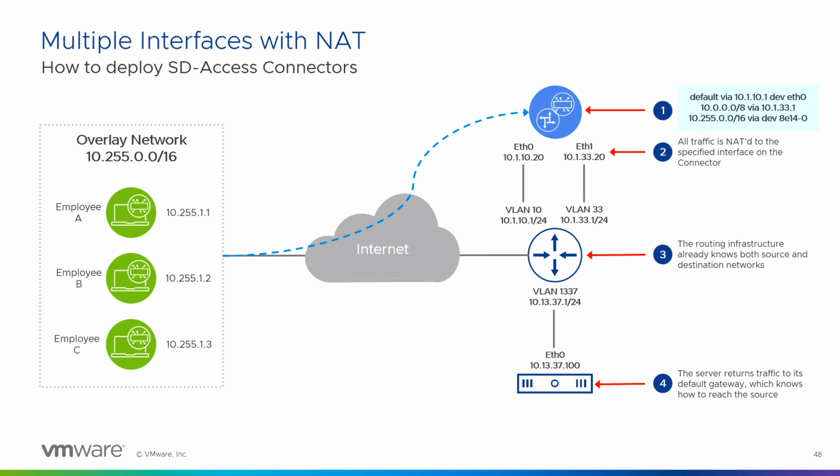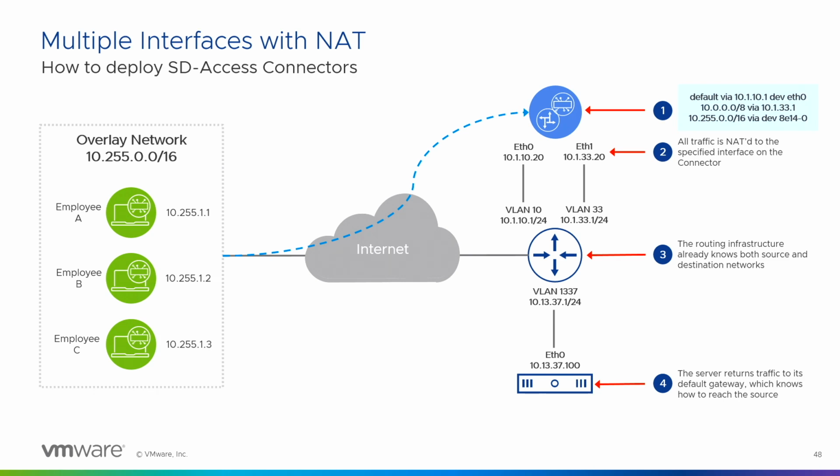And so moving right along, when we introduce multiple interfaces with NAT, the only wrinkle is that we're looking back at the Linux operating system, the host VM itself, and making sure that routing table is correct. Does the default route to the internet point out the interface that's intended for the internet? The LAN traffic, the 10/8 network, if you will, is that pointed out the right interface to go to the resources hosted in your environment?